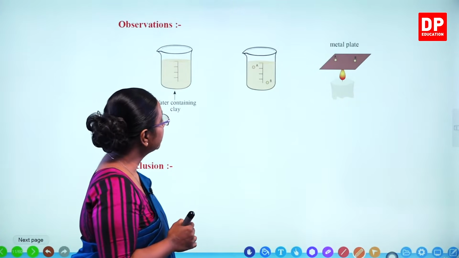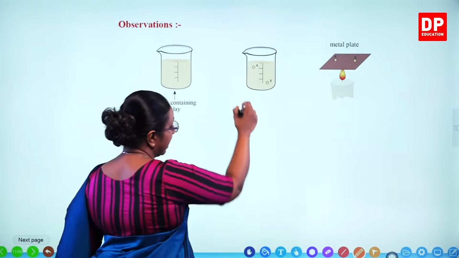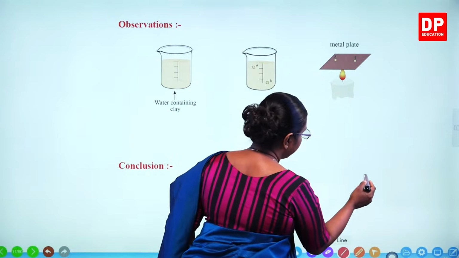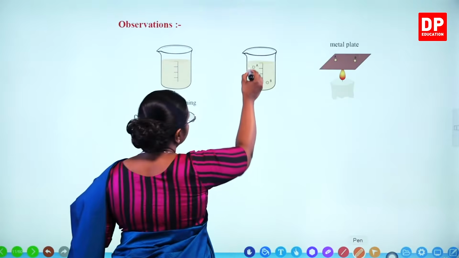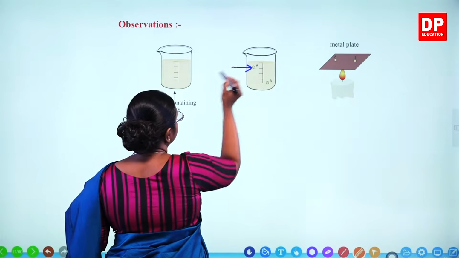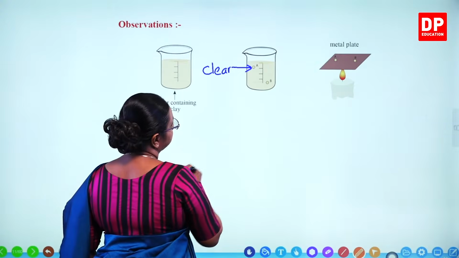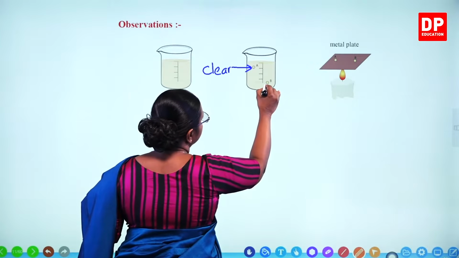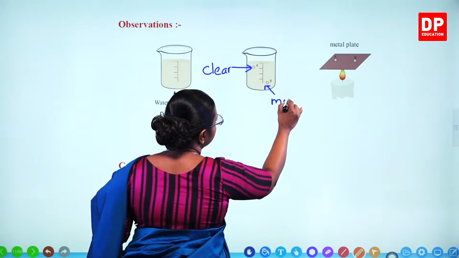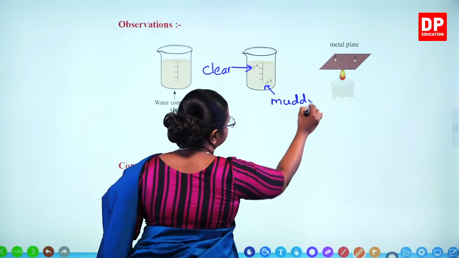You would have observed clearly that near point A, this part, the solution is more clear, and this part, the solution is more muddy.